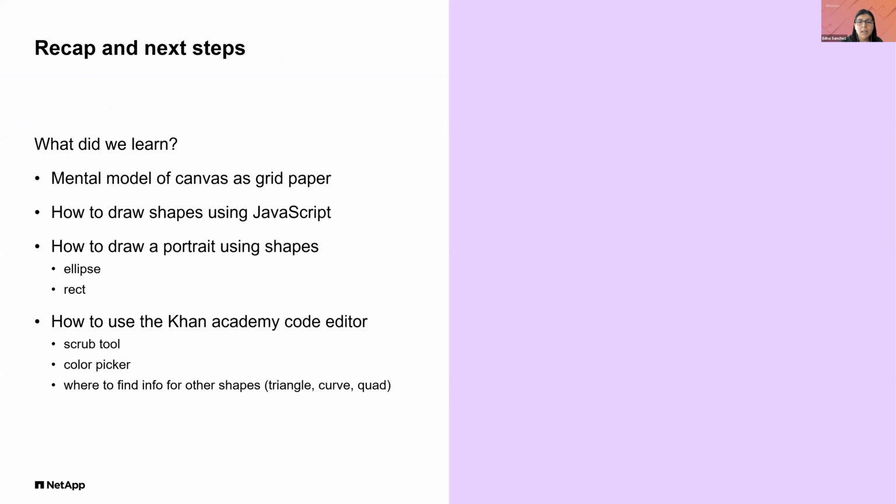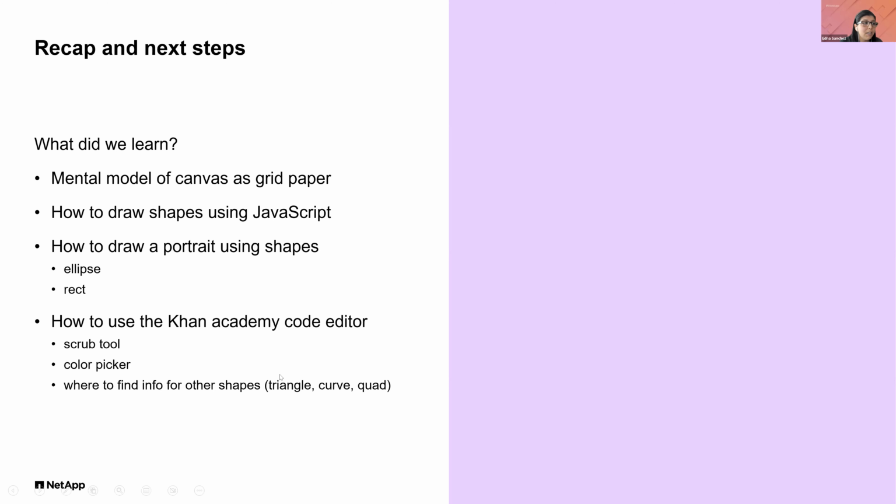We created a simple portrait drawing with the shapes that we learned how to draw. And we learned how to use the Khan Academy Code Editor, which has some very useful tools like the scrub tool and the color picker. We also talked about where we can look for more information on the shapes that we did not go over today.